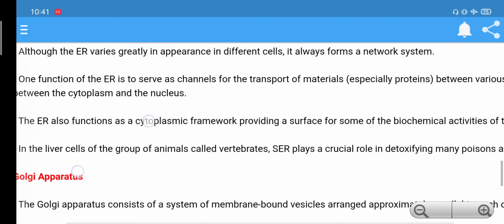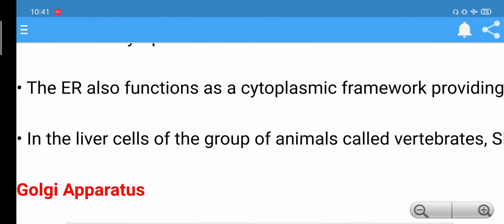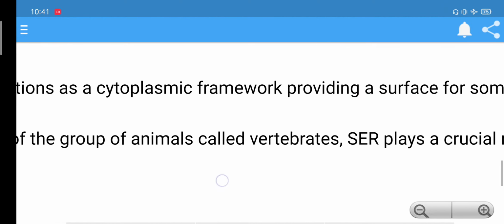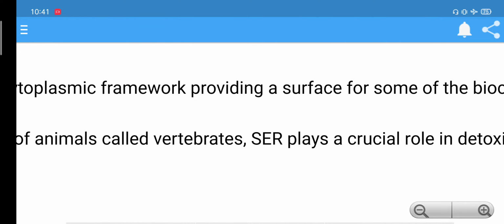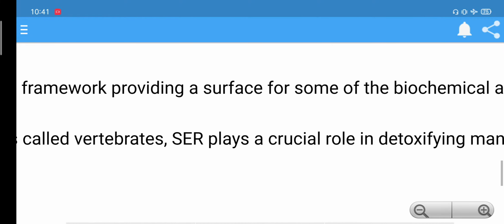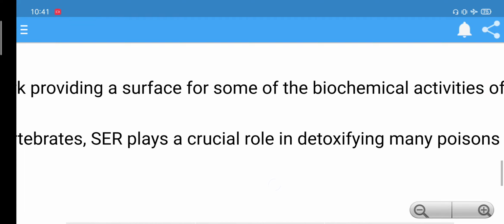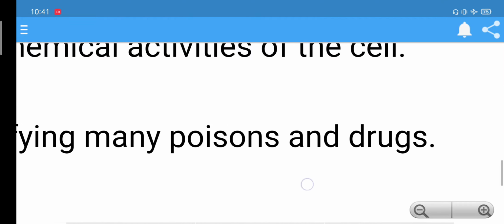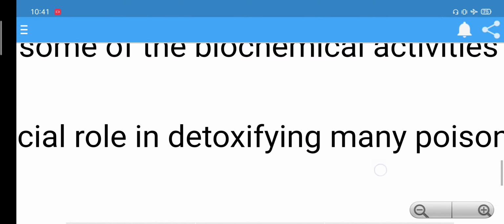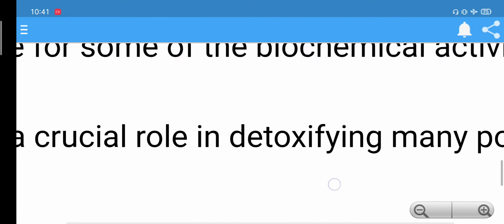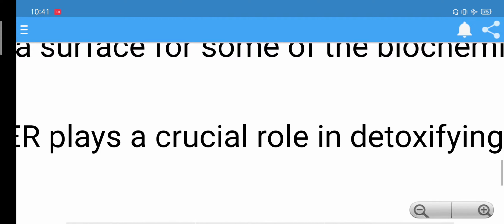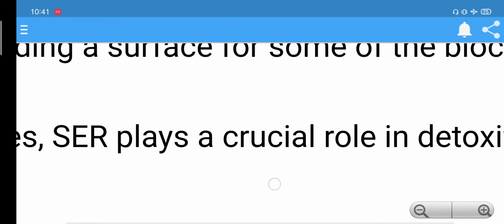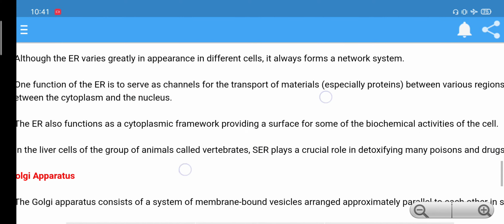In the liver cells of vertebrates, the smooth endoplasmic reticulum plays a crucial role in detoxifying many poisons and drugs. It is important to note that detoxifying drugs and poisons is done by the smooth endoplasmic reticulum.